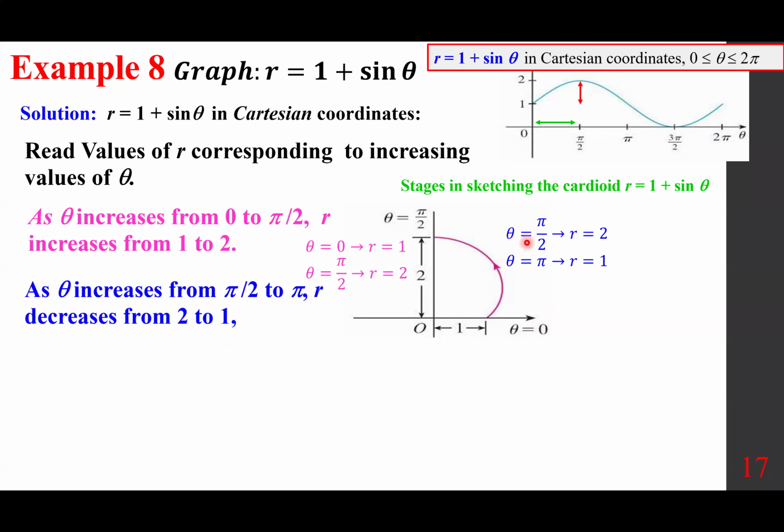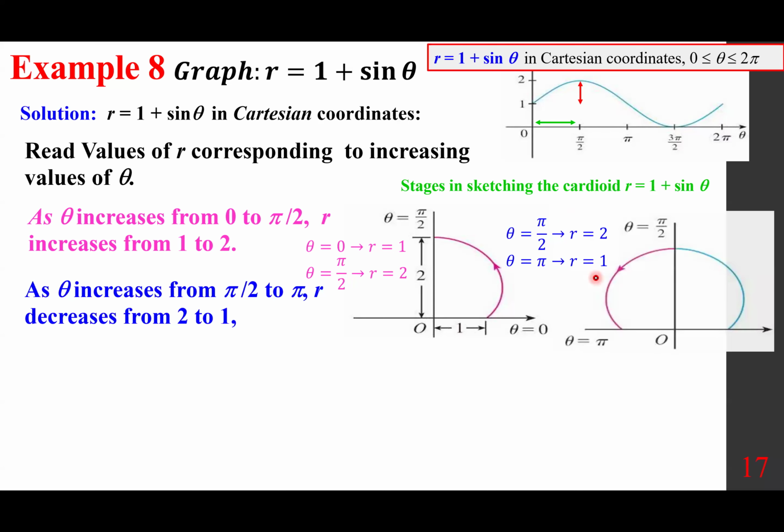So theta is pi over 2, r is 2. Theta is pi, r is 1. So it moves like that. And again, you can find angles in between, such as 2 pi over 3, 5 pi over 6, and figure out what happens.